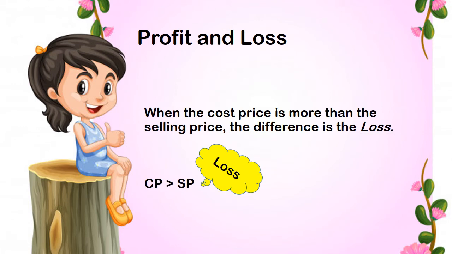What is the loss? When the cost price is more than the selling price, the difference will be the loss. Here, in this case, the cost price will be greater than the selling price.